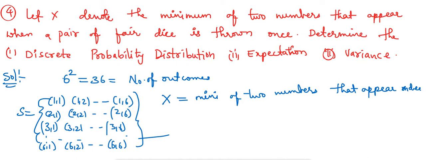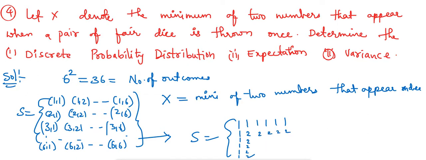From this, the sample space of the minimum numbers is: 1 appears 11 times, then 2 appears 9 times, 3 appears 7 times, 4 appears 5 times, 5 appears 3 times, and 6 appears once. This is the sample space of the minimum number that appears on the dice.